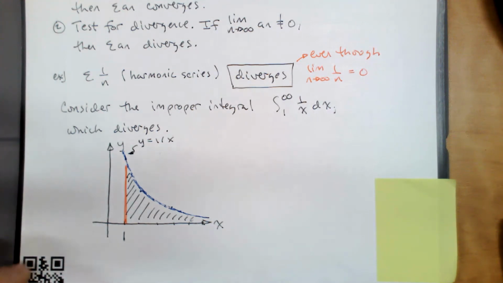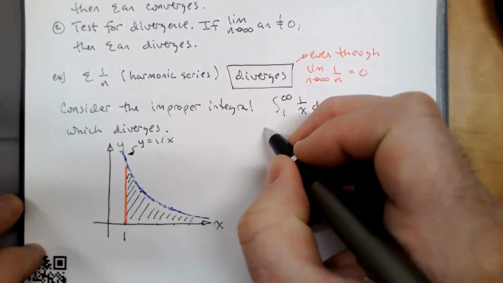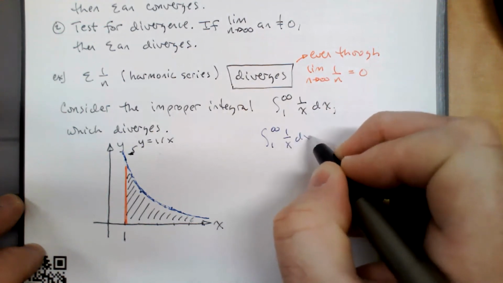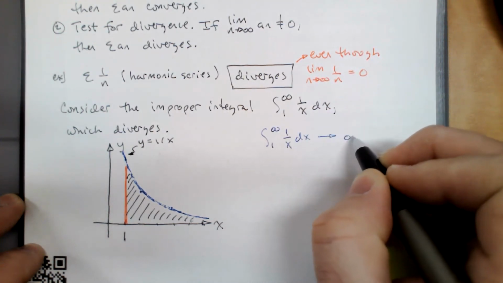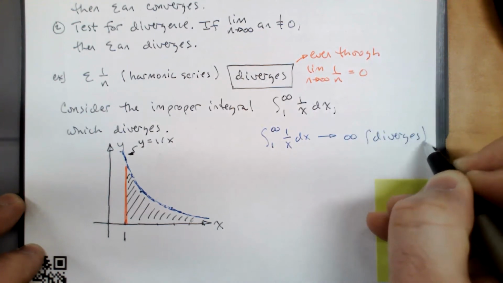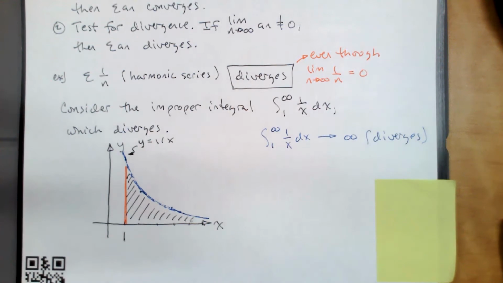So the improper integral diverges because the limit of the improper integral is infinity.